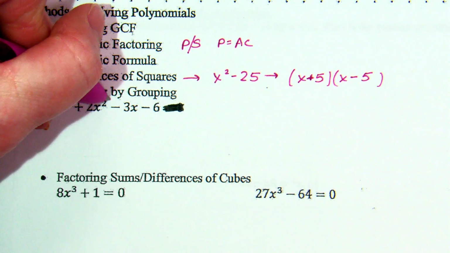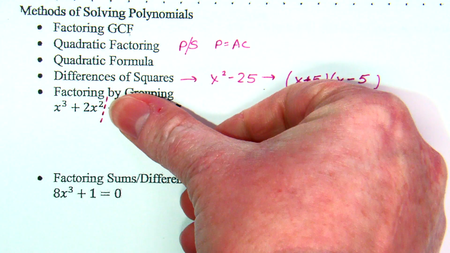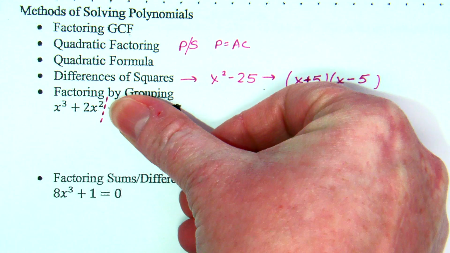And so I'm going to split it right after the 2x squared. And then we look at the various GCFs. Okay, so if you forget the back half, x cubed plus 2x squared. Is there a GCF there? Go big or go home. X squared.